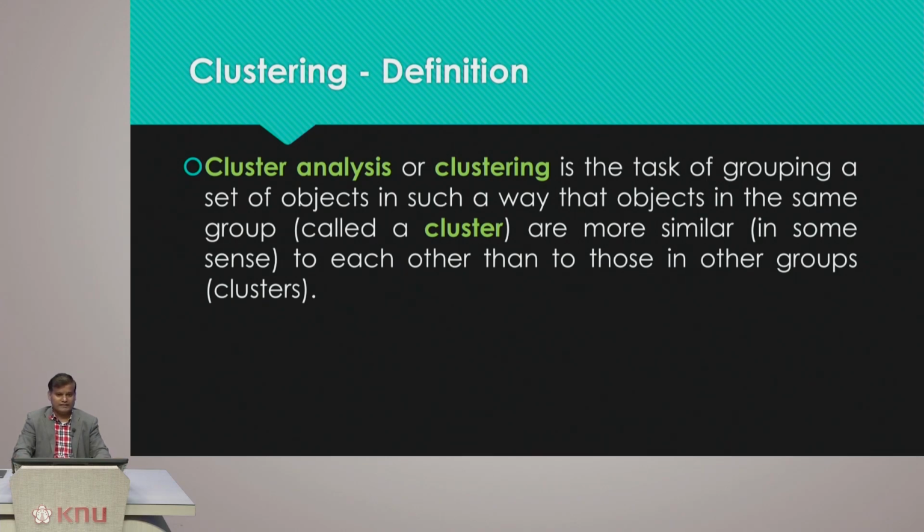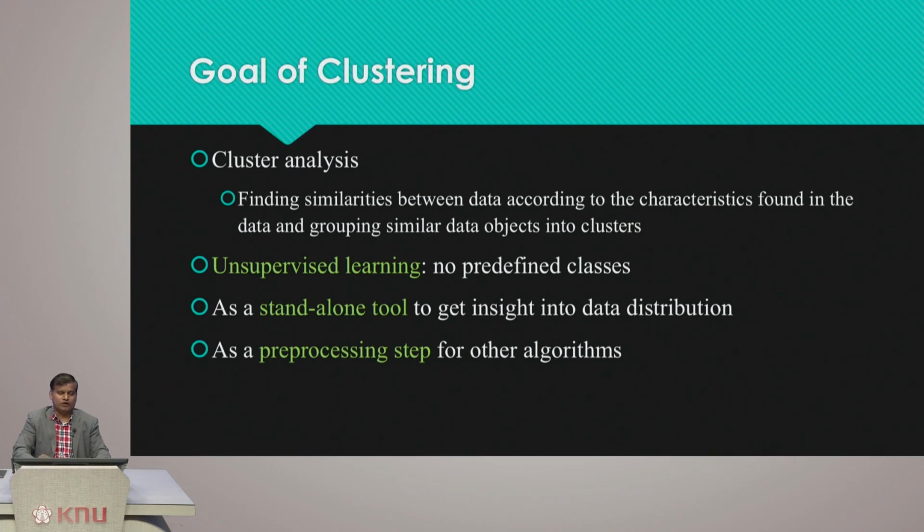Okay, let's go in and see the goal of clustering or cluster analysis. The main goal is to find similarities between data according to the characteristics found in the data and group similar data objects into clusters. So that is our main objective, to find similarities between data.